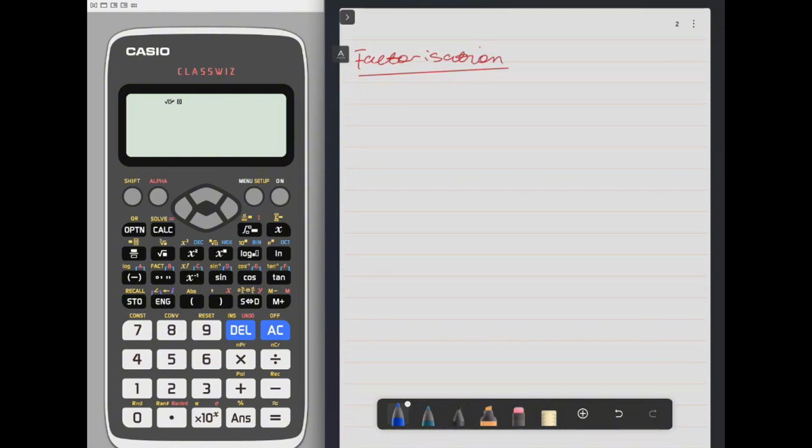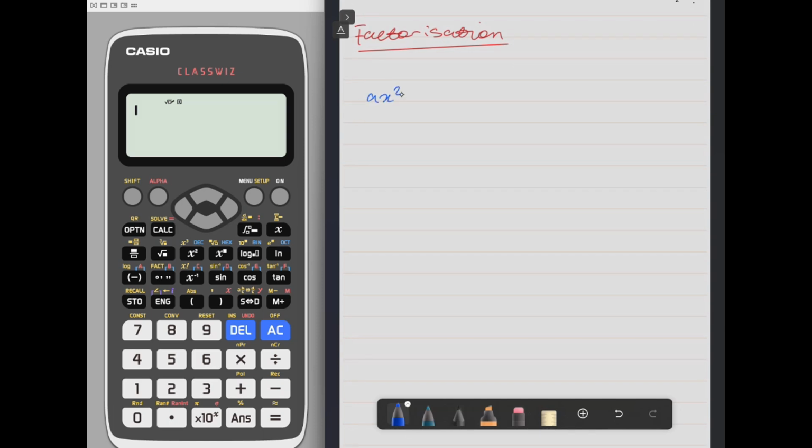If you have ax squared plus bx plus c equal to 0, where a is not equal to 0, then your product will be equal to AC and your sum will be equal to B.